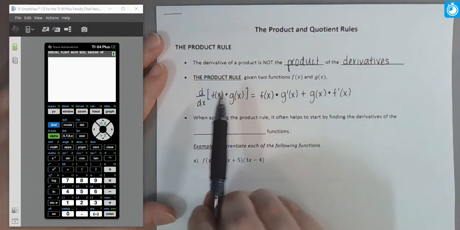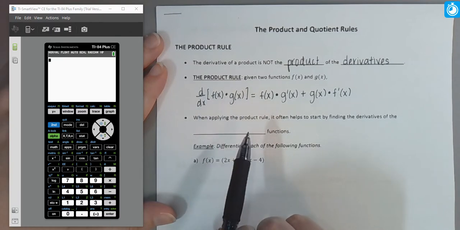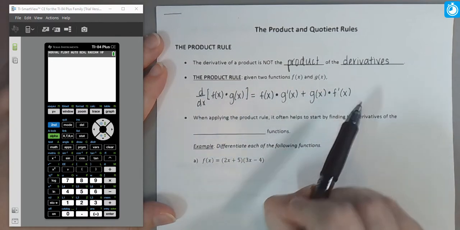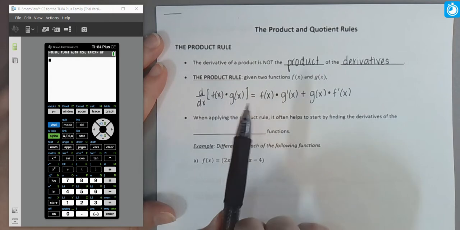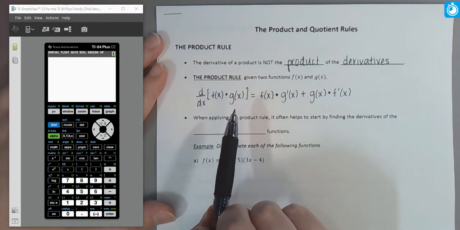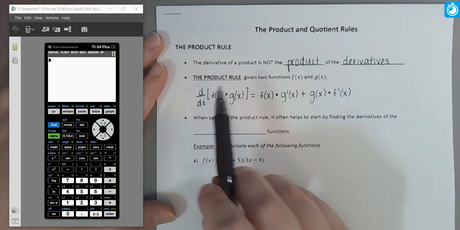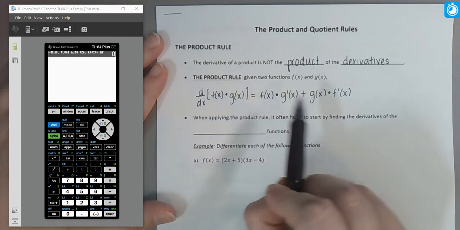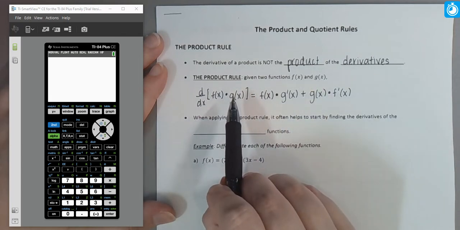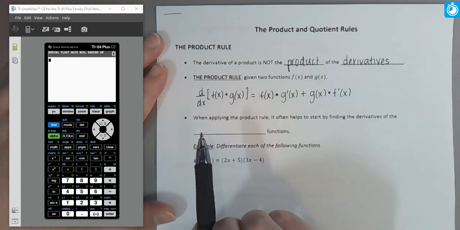So we do have to differentiate both functions, but the actual derivative of the product of those two functions is a little bit more complicated than that. So the first function times the derivative of the second, plus the second function times the derivative of the first.